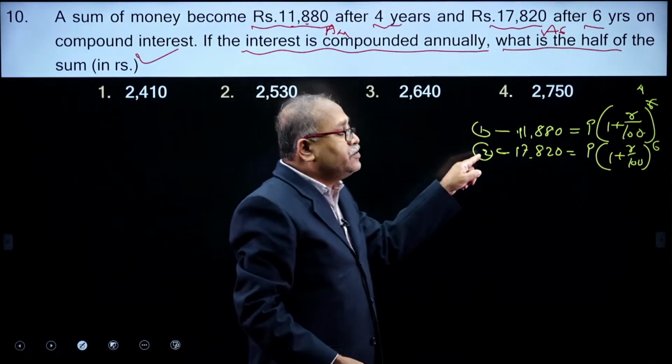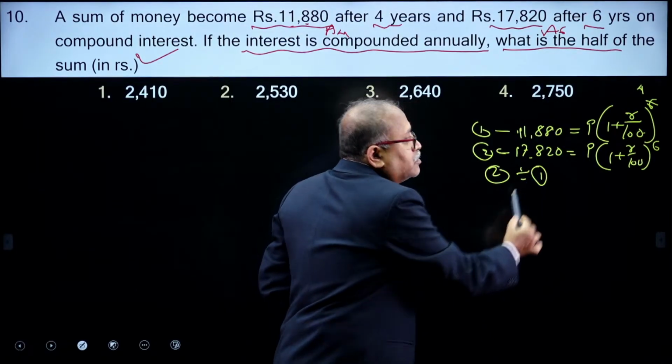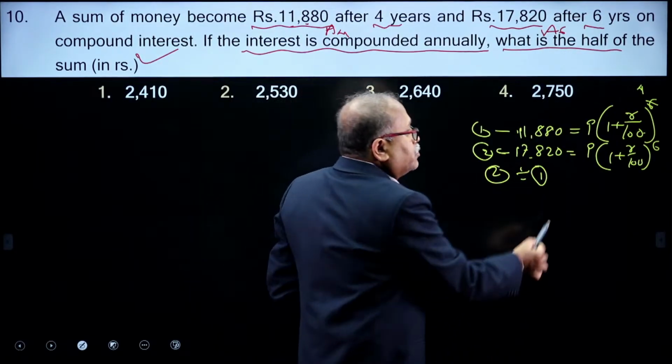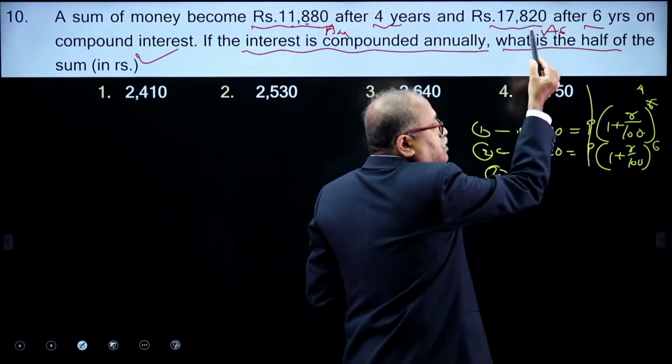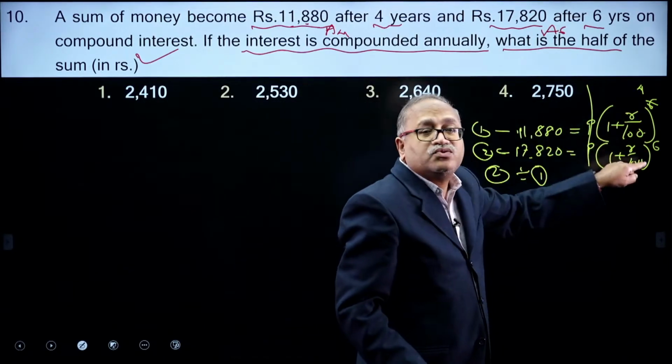Usually what we do is divide equation 2 by 1. The moment you divide equation 2 by 1, P and P get cancelled, and here 6 minus 4 is 2.